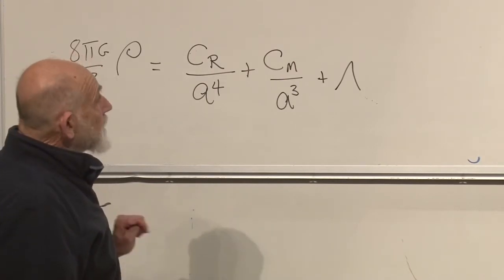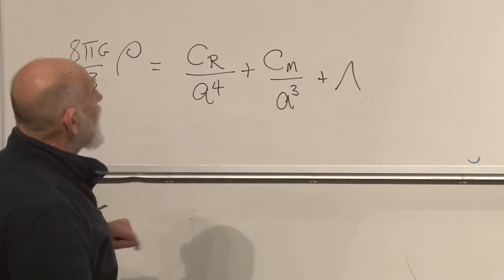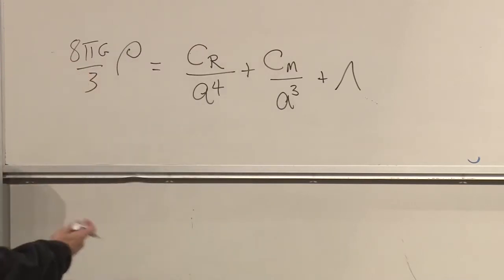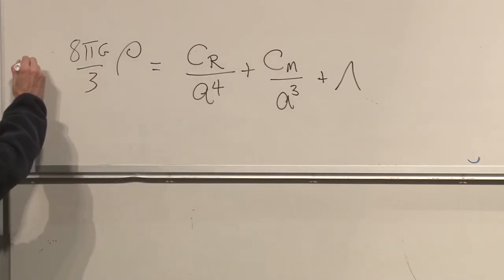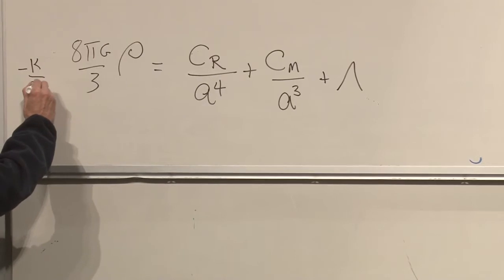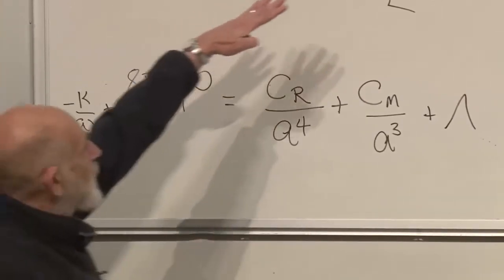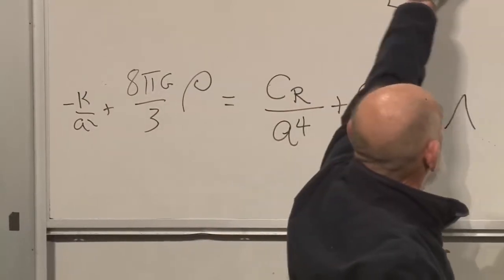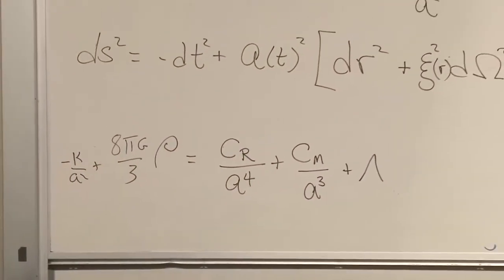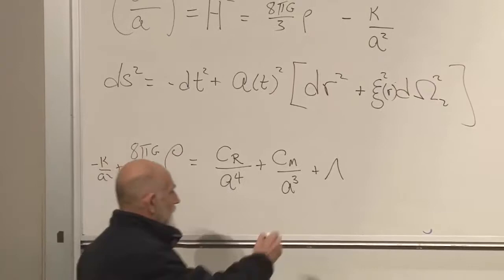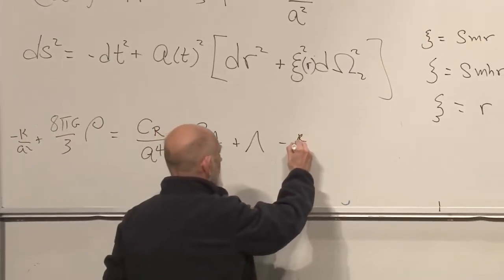That's it. But let's add in to rho, let's add in minus k over a squared. In other words, let's include this over here as part of rho, and then we will put in here minus k over a squared.